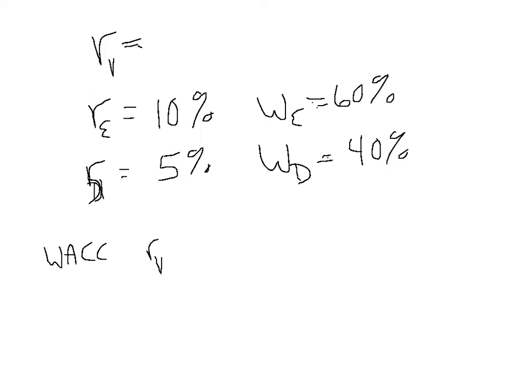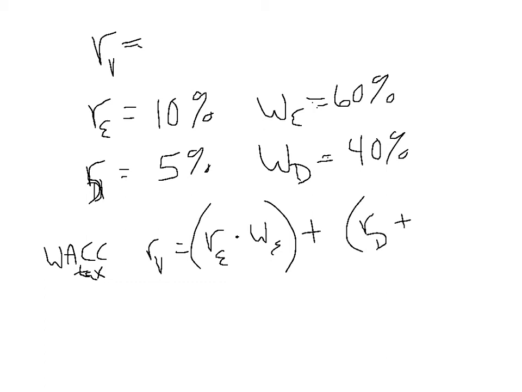We'll say that R subscript V is equal to R subscript E times, I put a dot for the times, the weight of subscript E, plus the R of D times the weight of subscript D. That's a D. And so what just happened there? Well, a couple of things.